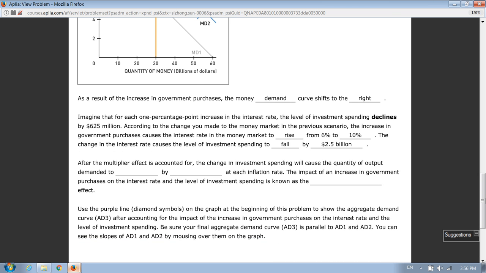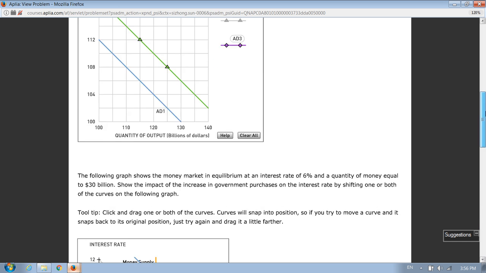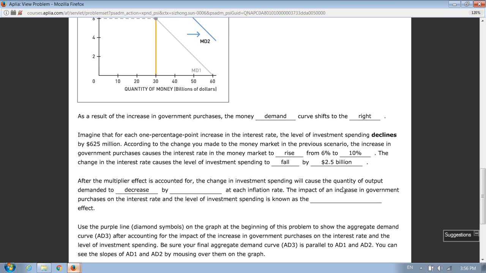After the multiplier effect is accounted for, the change in investment spending will cause the quantity of output demanded to decrease by, remember we have the multiplier effect, 2.5 divided by 50%, so it's $5 billion at each price level.